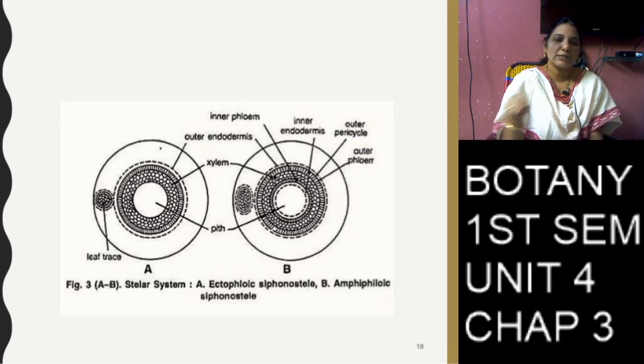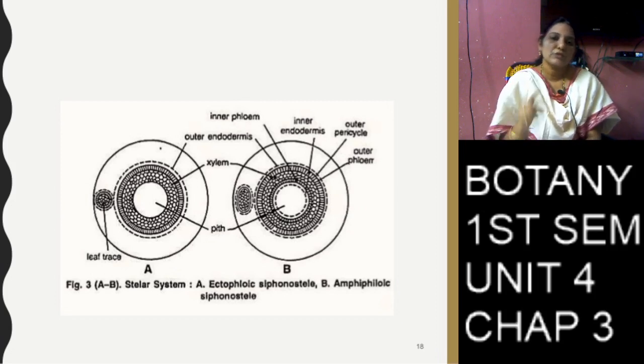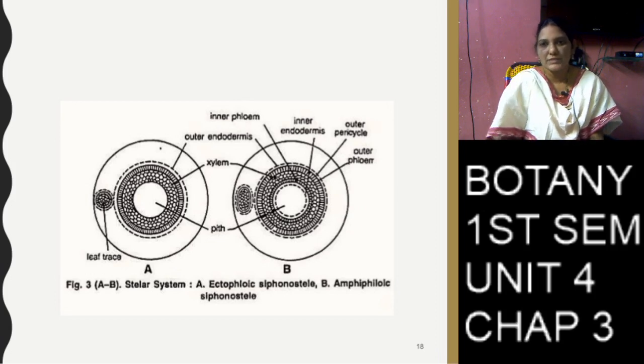The middle part is the xylem, and the phloem, pericycle and endodermis cover both sides of the xylem, with the medulla present here. This type of stele is called amphiphloic siphonostele, for example Marsilea rhizome.